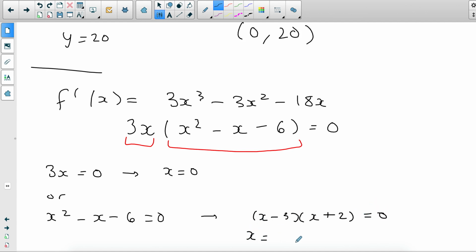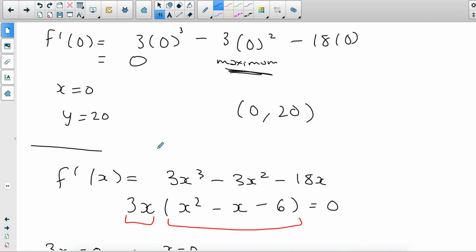And so your solutions are x equals 3 and x equals -2, which are the 2 other local minimum and maximum. So these are your solutions to the derivative function. I'm not talking about the original. So just to be aware of this side note, that's why we know there are 3 solutions, and that's why x equals 0 is one of the solutions.